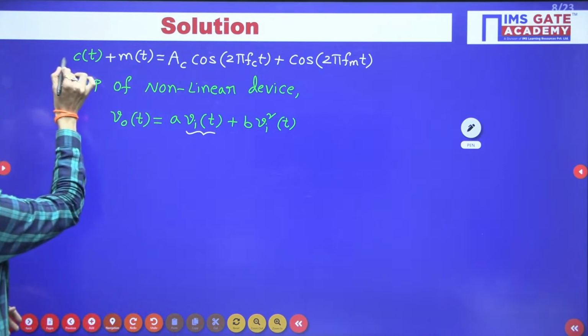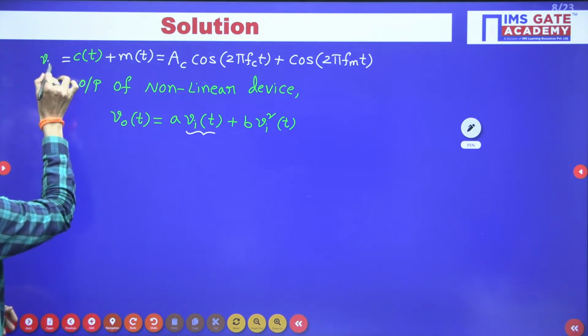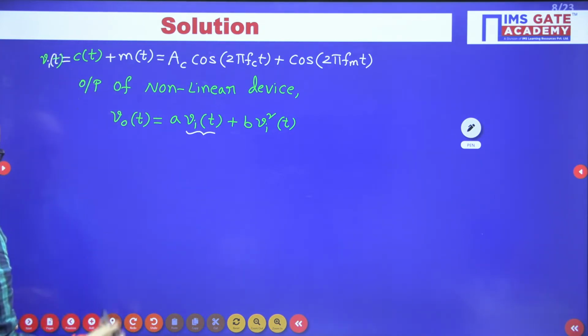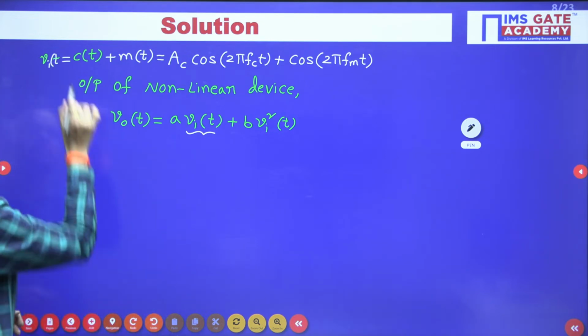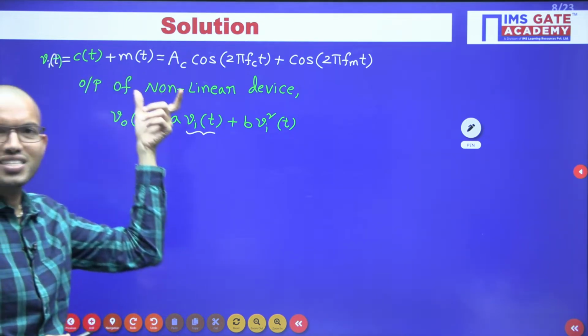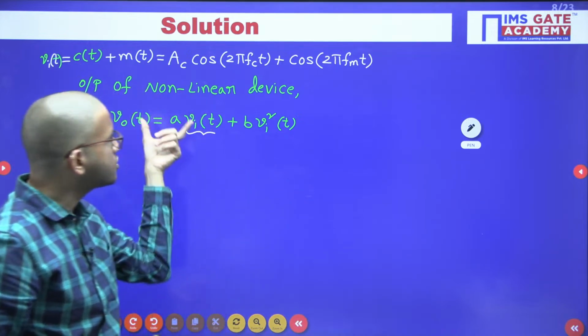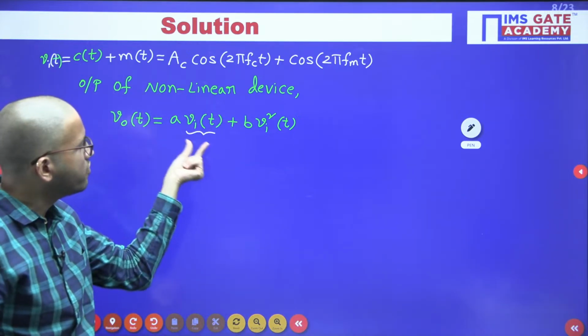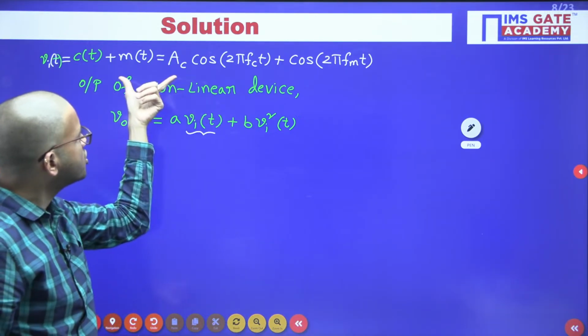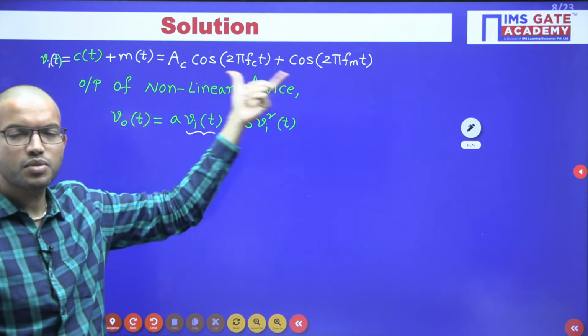According to this question, c(t) + m(t) is the input for this nonlinear device, right? So wherever vi(t) is there, substitute this entire expression.